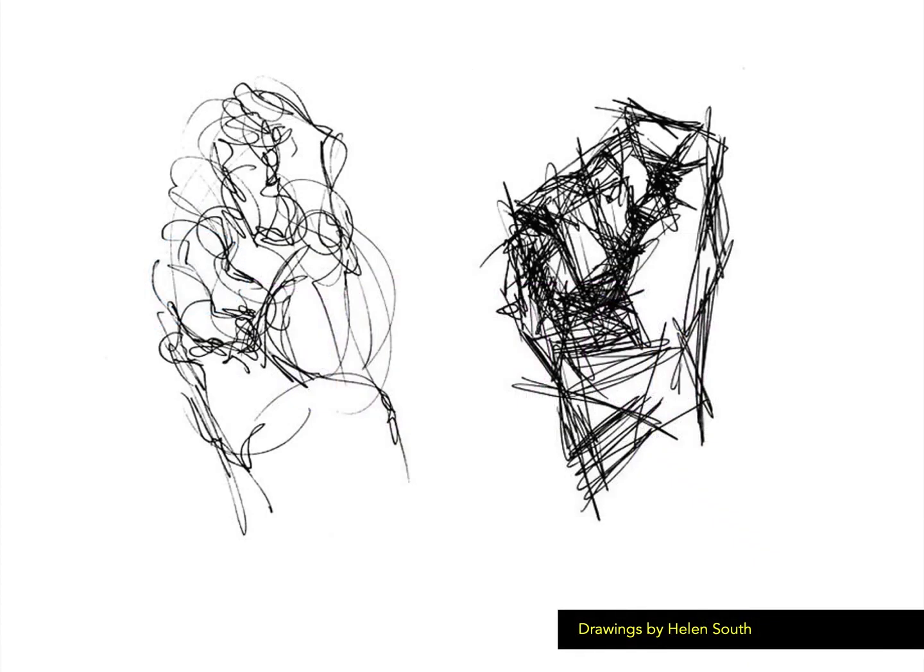And just to give you a little preview, I wanted to include these couple of sketches by Helen South because we're going to be looking at the figure, but also some details of the figure like hands.